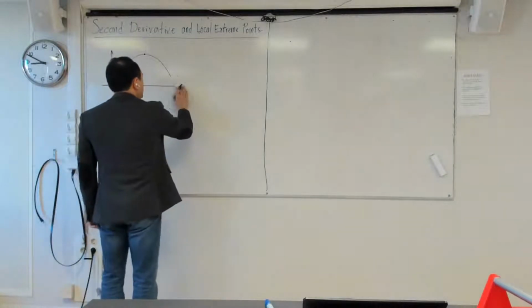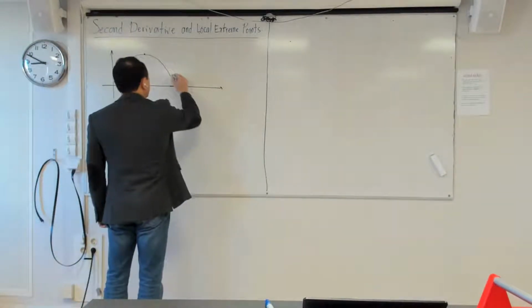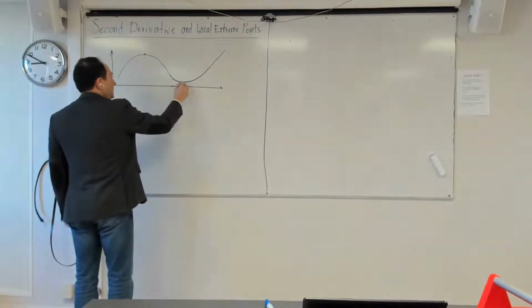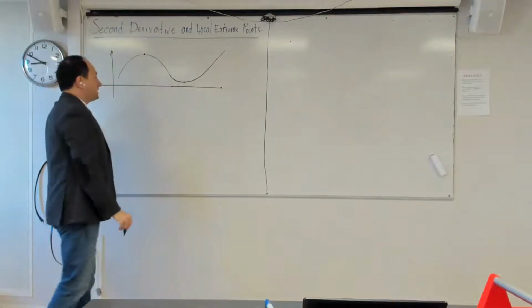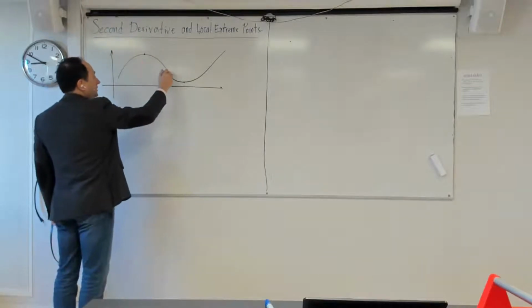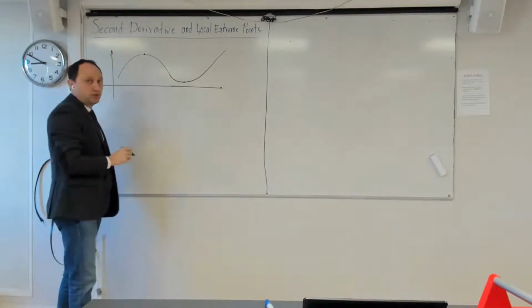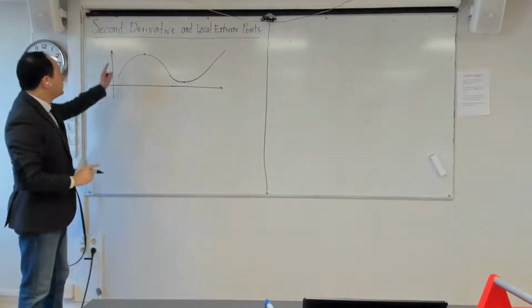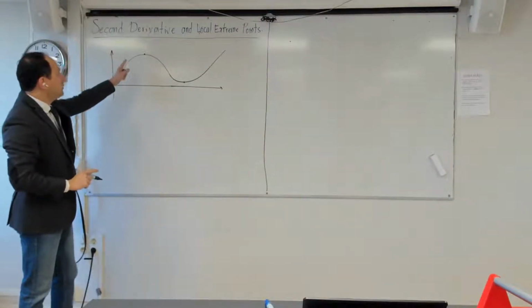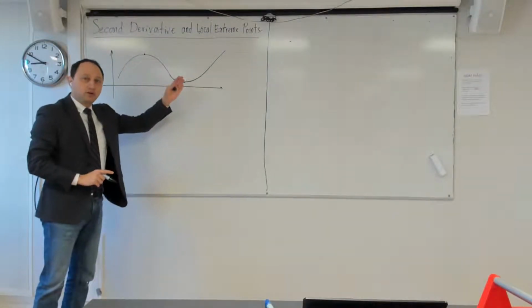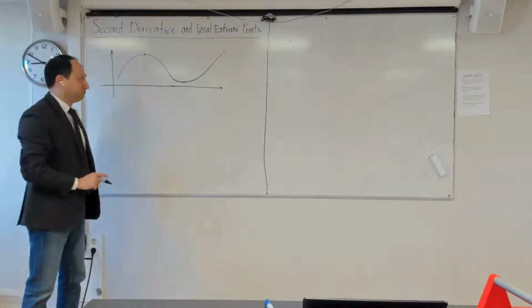Or let me just make it a little bit bigger. So assume that this graph comes here and then goes back there. And then I want to detect this point as well. Of course, I was able to use the second derivative to find an inflection point, but this is not the topic of today's lesson. I want to use the notion of second derivative to detect, again, local extreme points, local maximum and local minimum.